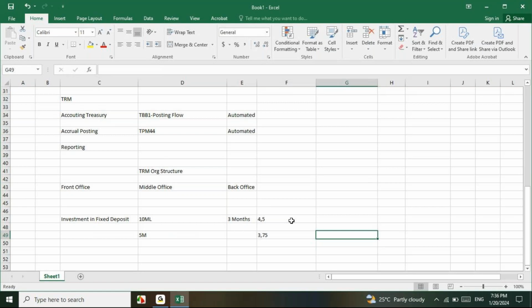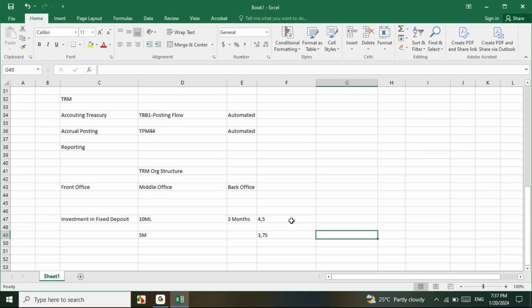So the SAP Treasury module also has a risk tool, which we call the credit risk analyzer. What we do in this case, the treasury team will constantly monitor the performance of the bank with many tools.